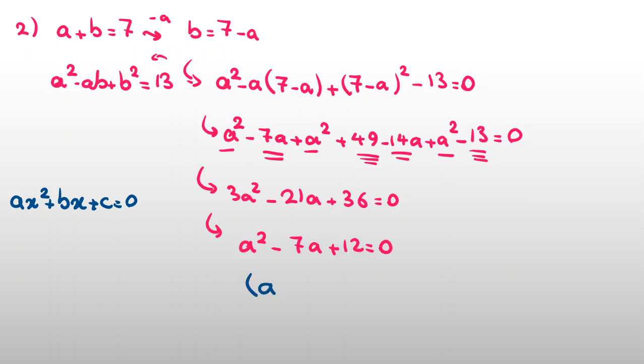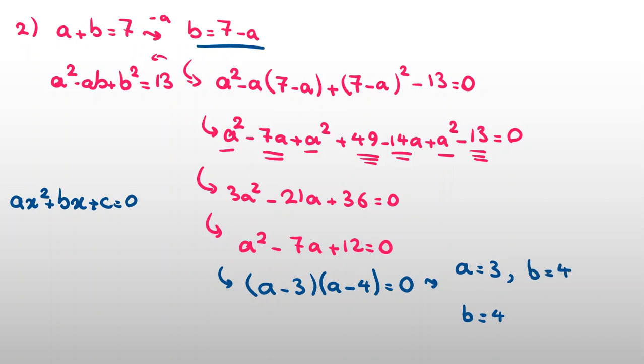Oh, we can factorize. (a minus 3)(a minus 4) equals 0. So we don't need to use the quadratic formula. Also, with the quadratic formula, we could solve this if we couldn't factorize. So a can be 3 or 4. If a is 3, we know b is 7 minus a. So b is 7 minus a, 4.